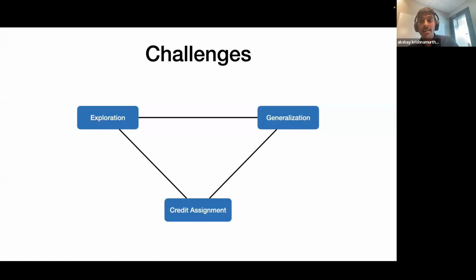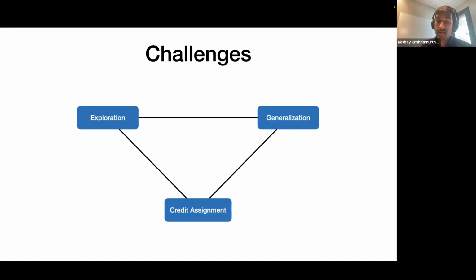And if you eventually do solve the Rubik's Cube, you want to infer which of those moves you made were incorrect or took you backwards or were useless. We want to allocate credit to the past decisions that we made, even though we did the solve. So these are the three central challenges.